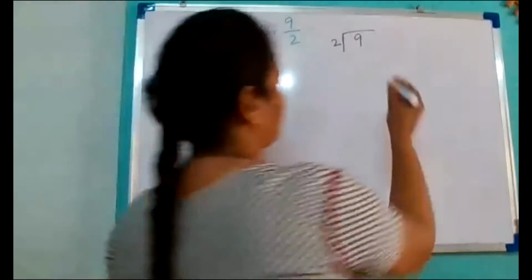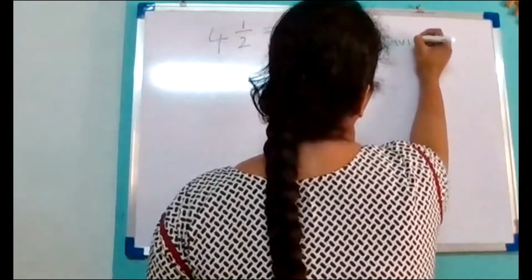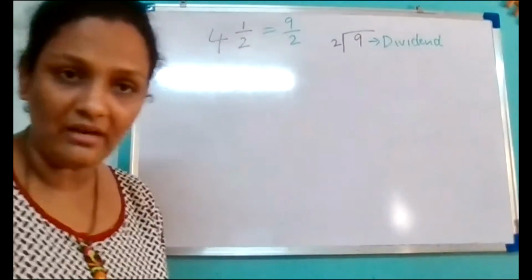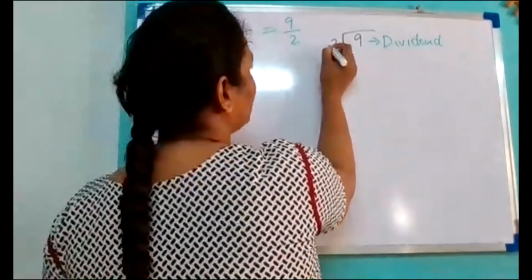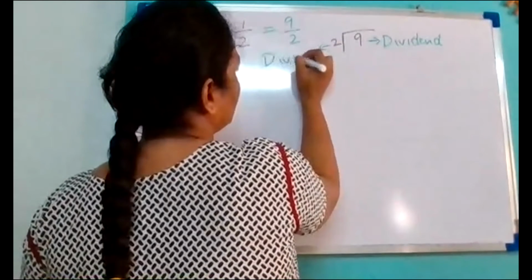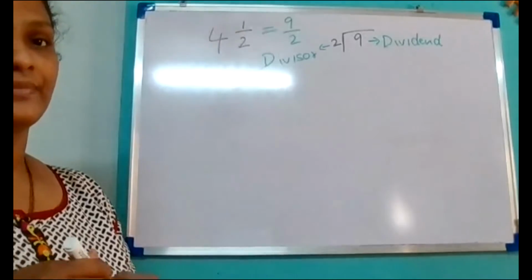So 9 is known as the dividend and 2 is known as the divisor. Okay, now start dividing this.